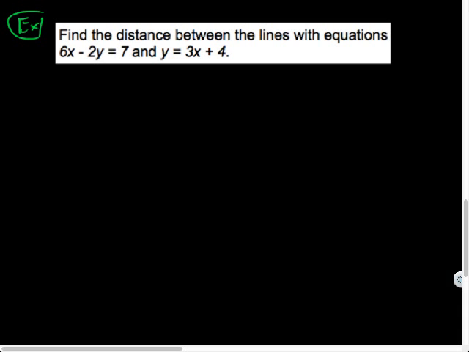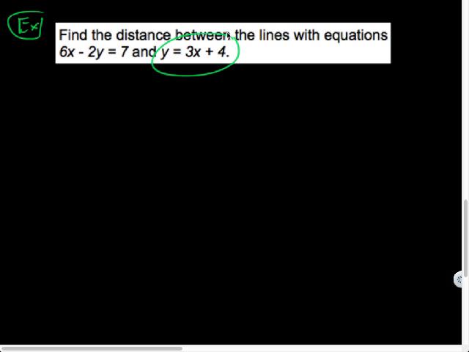These lines happen to be parallel, because asking about the distance between non-parallel lines would be 0 at some of its points, specifically where they intersect. But if I want to find the distance between these two lines, all I have to do is pick a point on one of them.